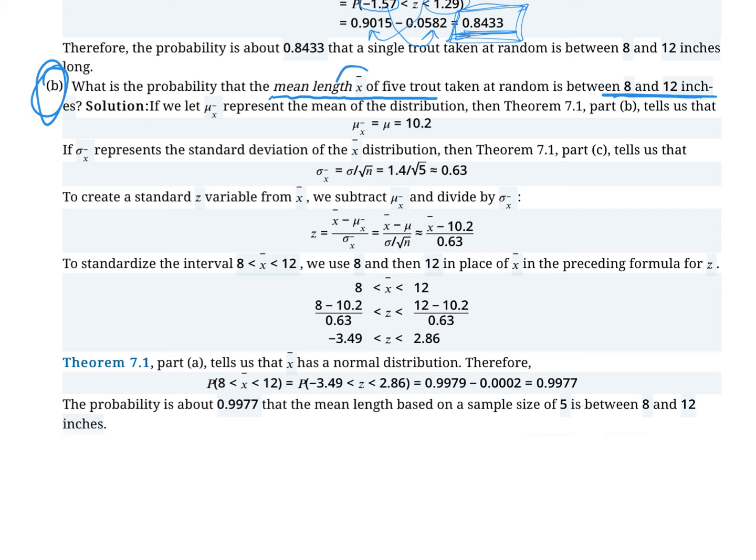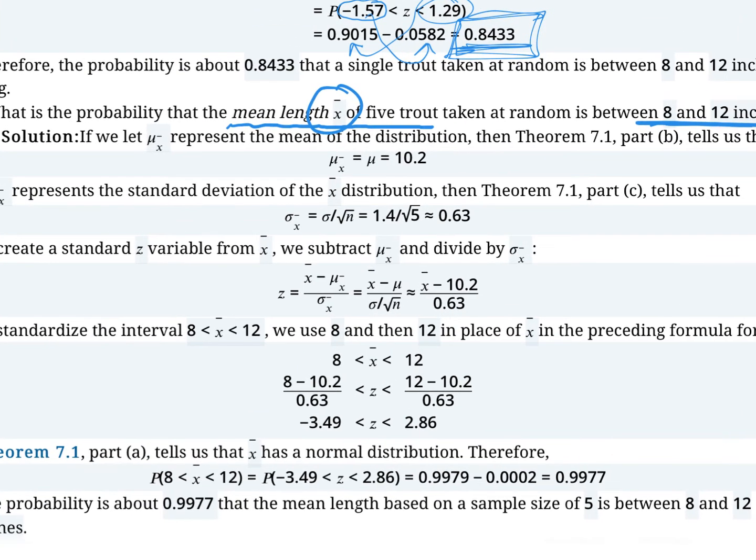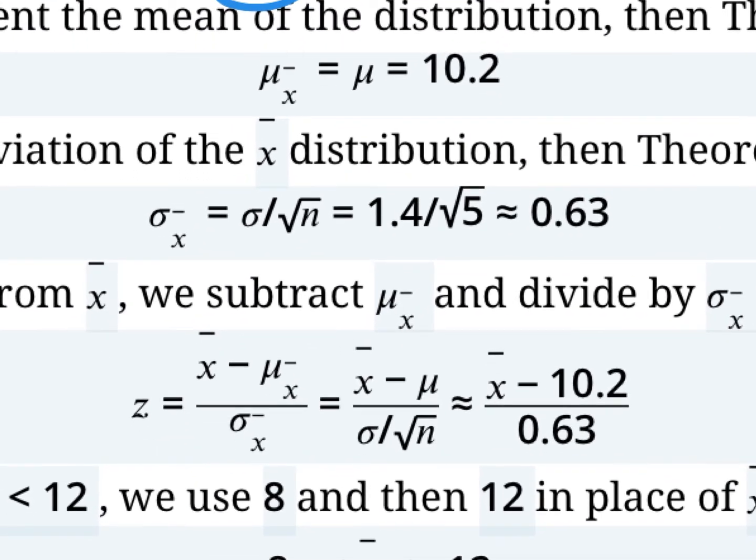Guys, x bar is not an x. It's a sample mean. This is a new question. This is chapter 7.5 as soon as you see x bar. Well, guess what?